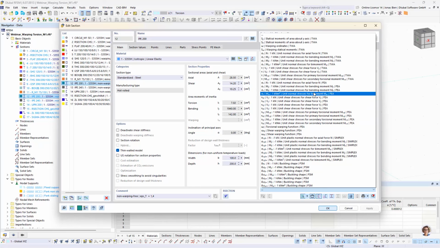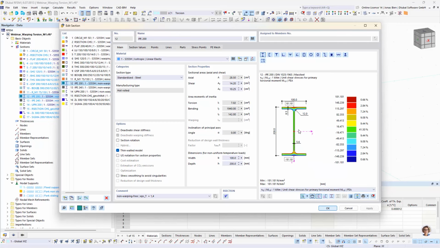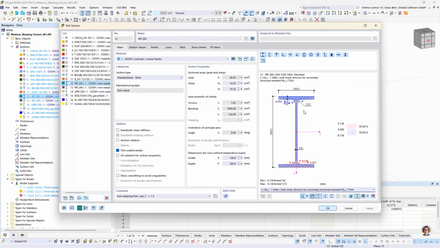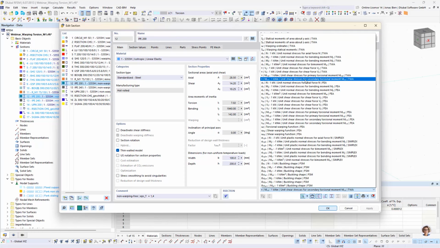And here you get, for example, the unit stress distribution over the profile for the primary torsional moment. Or you can check the same information for the thin-walled analysis results, where we assume that the stresses are constant over the thickness and that the stresses are not zero at the edges. So this is also quite nice.